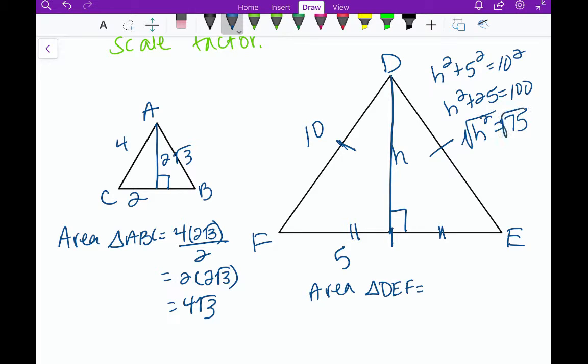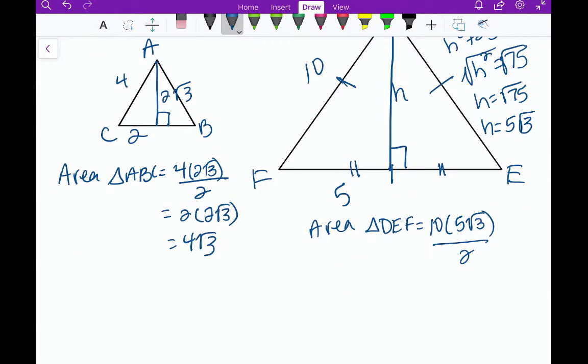So h is the square root of 75, which is 5 square root of 3. So the height is 5 square root of 3. So the area is going to be 10 times 5 square root of 3 over 2, which is the same as 5 times 5 square root of 3, which is the same as 25 square root of 3.